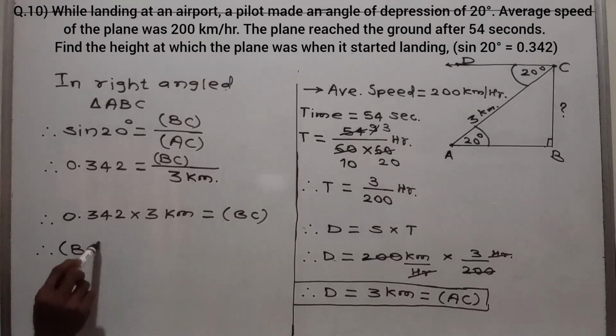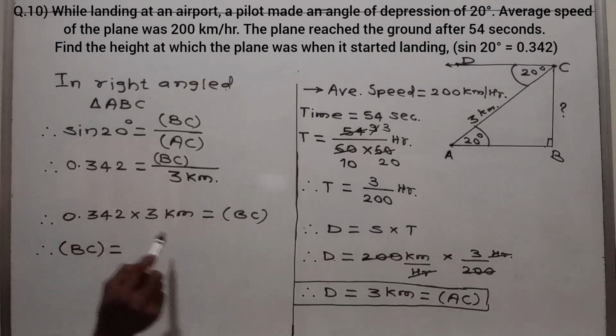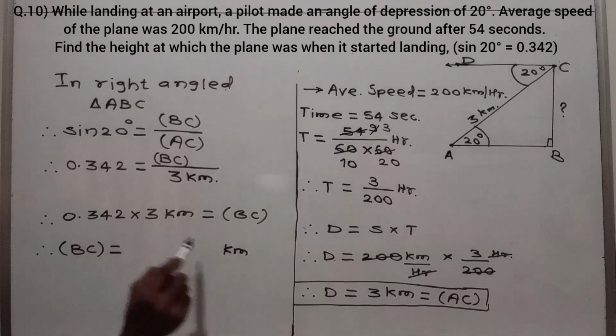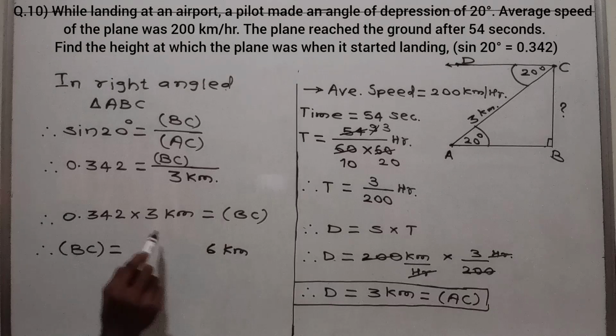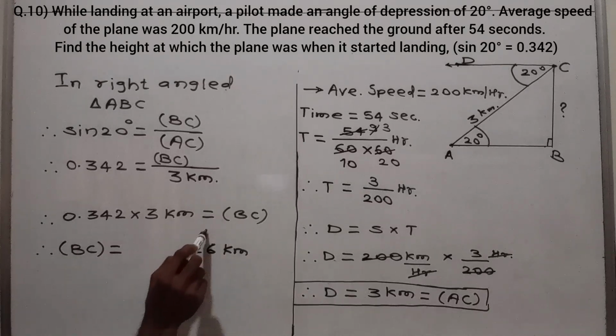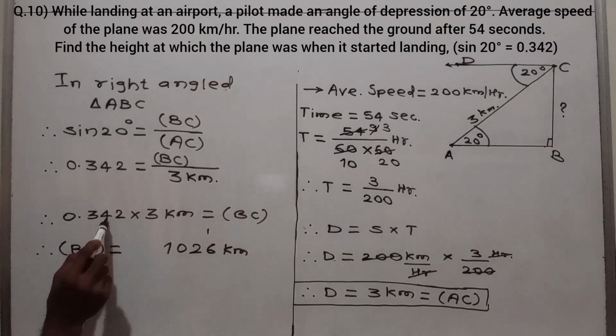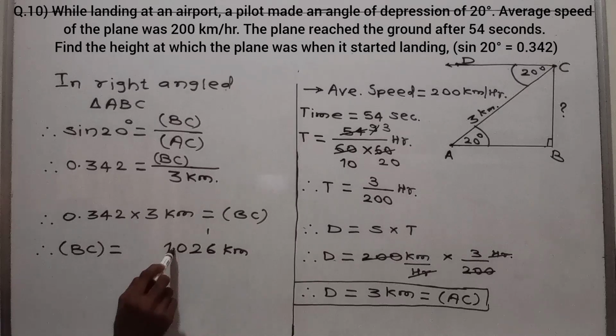Therefore BC is equal to the product of these two. 3 6s are 18, 3 4s are 12, 3 3s are 9 and 10. Okay, 1 2 3, 3 decimal places.